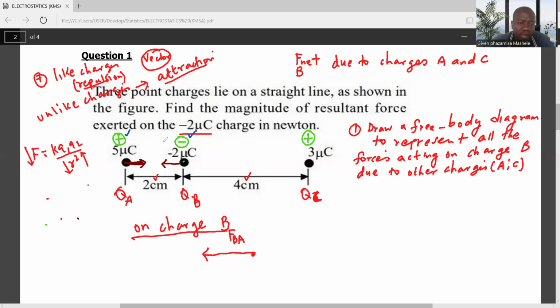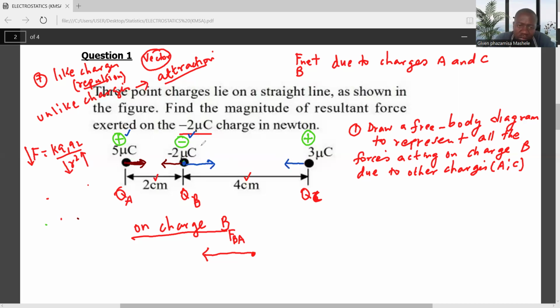So the force on B due to charge A will move to the left. Already it's an attraction. Then let's compare the one between charge B and C. Since they have opposite signs, they will also attract. So we're going to have something like this, an attraction.